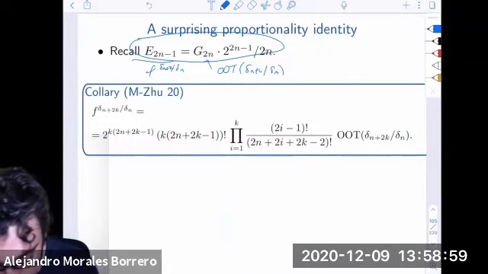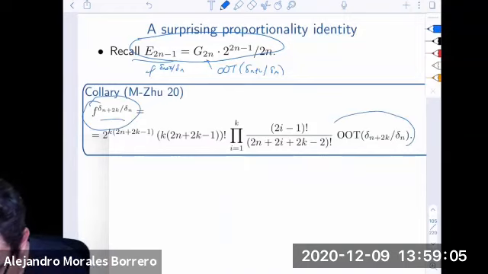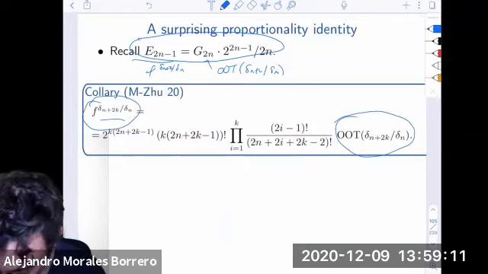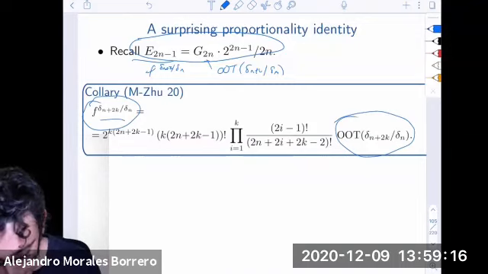So you get this funny identity that the number of standard tableaux of a thick zigzag is proportional to the number of Okounkov-Olshanski terms. So this is kind of a surprising corollary, and it has some asymptotic applications.